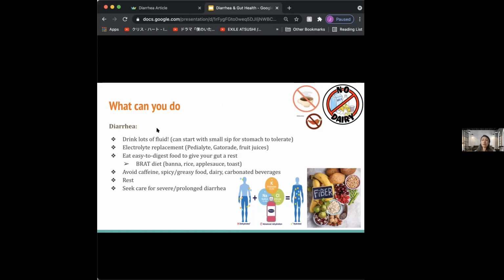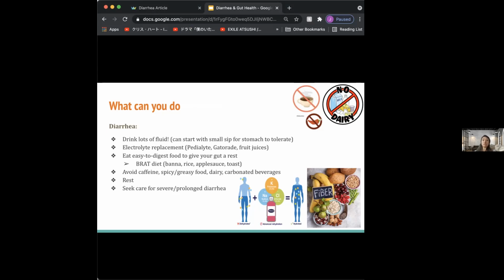We can also tell our client to avoid caffeine, spicy food, greasy food, dairy, and carbonated beverages. All of those can really increase stomach motility, and it can increase diarrhea and worsen it. A lot of times we want to promote rest. When you have a diarrhea episode, it can take a lot out of your body.